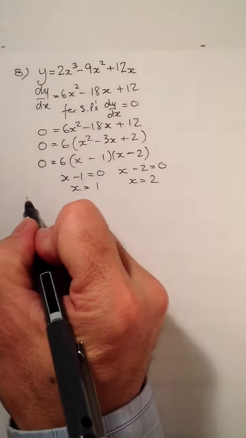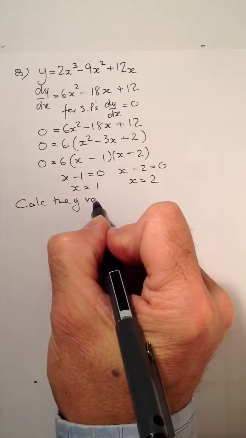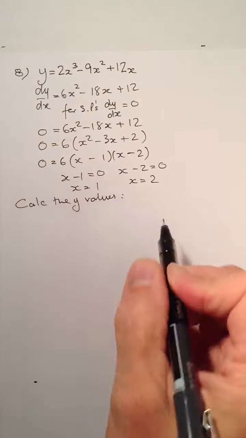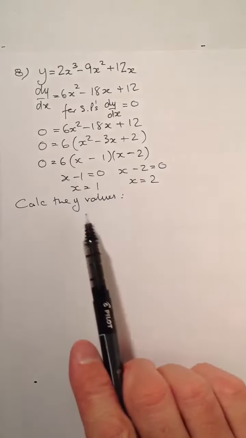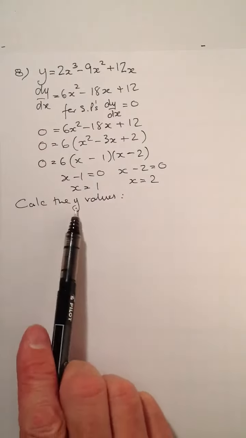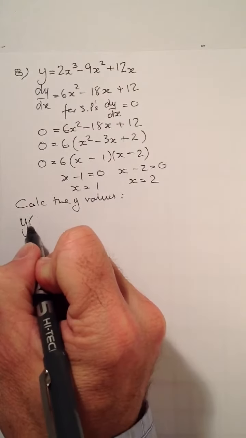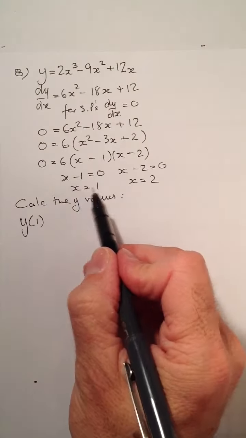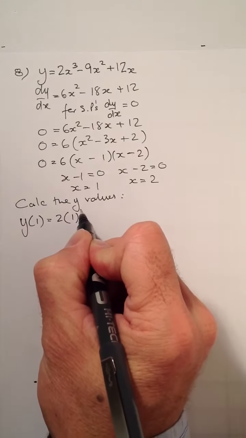Okay, so next I'm going to calculate the y values. What I'm going to do is substitute the x values into the equation where I see y equals. So when x is equal to 1, I'm going to substitute 1 in wherever I see x.